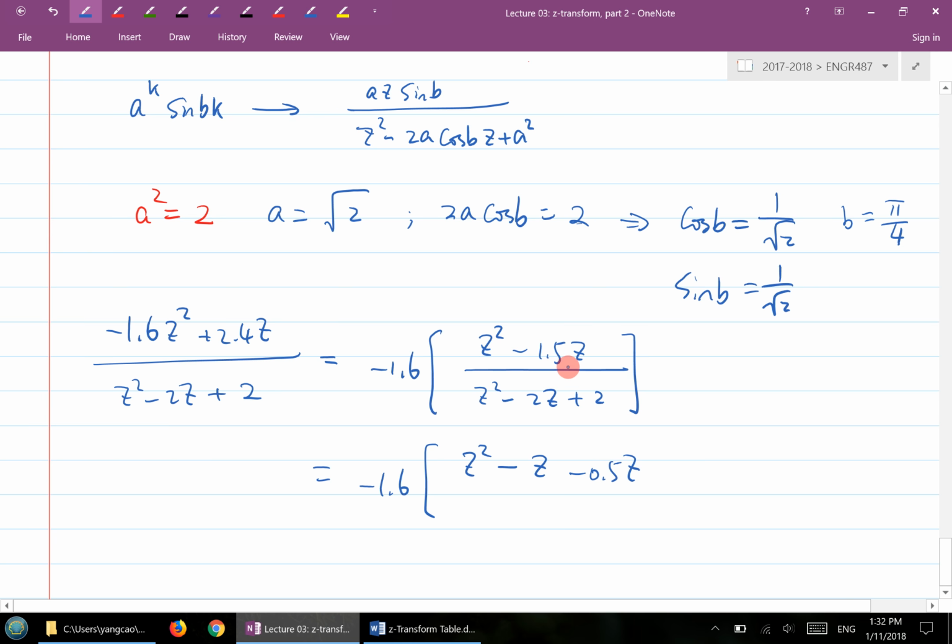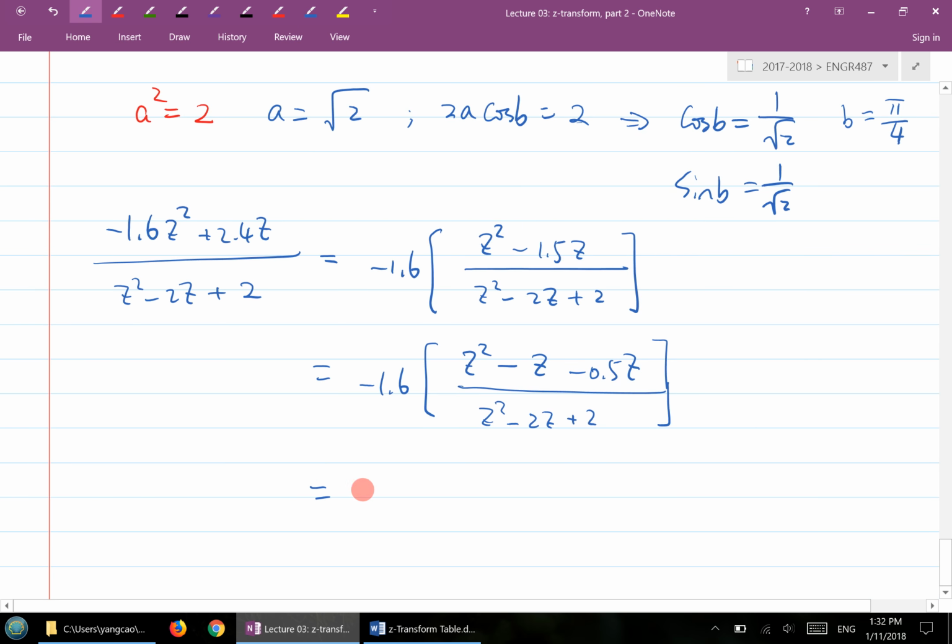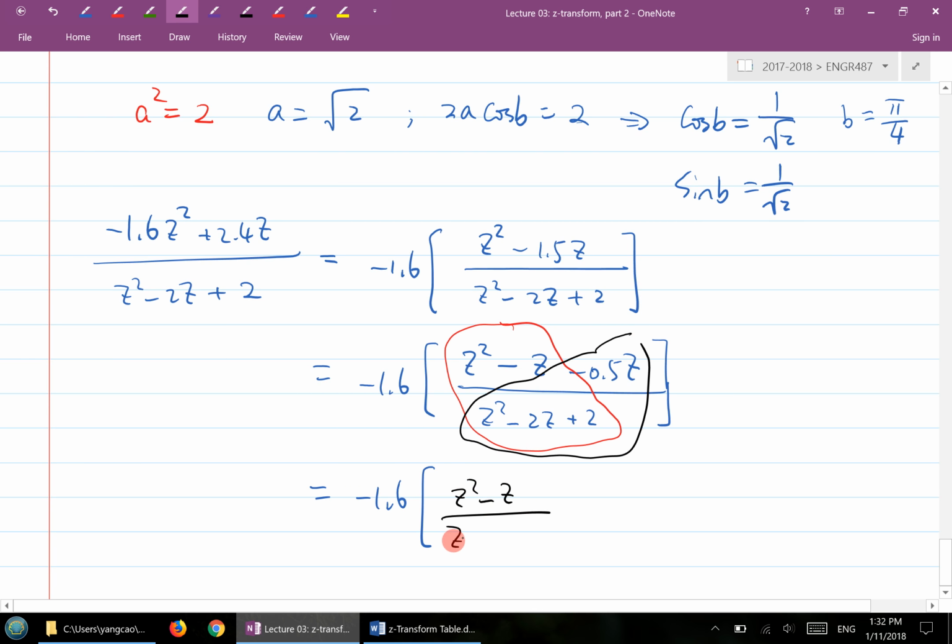That makes sense? Divided by the same denominator. Now I will rewrite this one into 2 terms. One term is z squared minus z over z squared minus 2z plus 2, and the other term is negative 0.5z divided by z squared minus 2z plus 2.